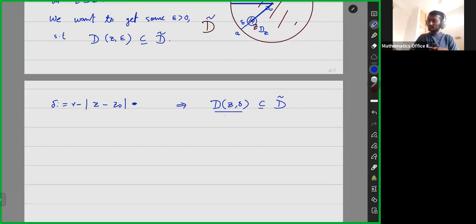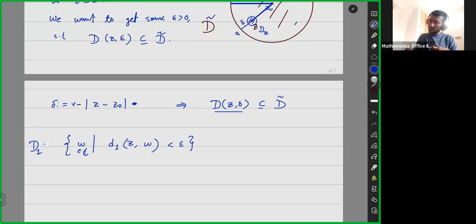So consider this ball. Let's say we get some epsilon. We'll calculate what epsilon is, and whether an epsilon exists or not. So d1 ball around z with radius epsilon is the set of w belonging to X such that the d1 distance between z and w is less than epsilon.